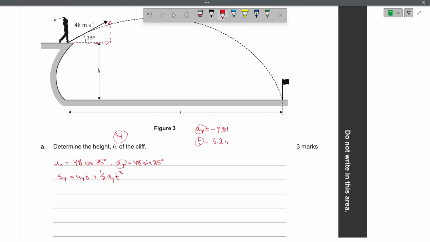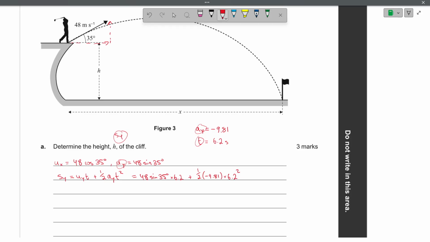Substituting everything we need into here, we don't have to do any transposing of this equation because we already want to work out Sy. So u is 48 sine 35 times t, which is 6.2, plus half times acceleration, which is negative 9.81, times t again, which is 6.2, and that's squared.